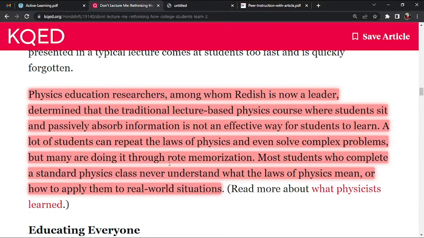But many are doing it through rote memorization, and this rote memorization is what we want to take you away from. Now, most students who complete a programming course or a standard physics class, as it reads, never understand what these things that they have learned mean, or how to apply them to real-world situations.